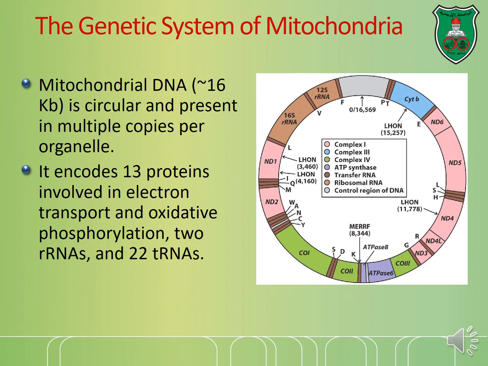As I said, mitochondria have their own genetic material. They have circular DNA, just like bacteria do, and this genome can encode 13 proteins as well as a few rRNA molecules and tRNA molecules. The proteins encoded by the mitochondrial genome are those involved in oxidative phosphorylation.